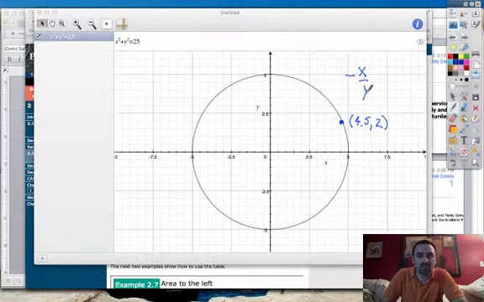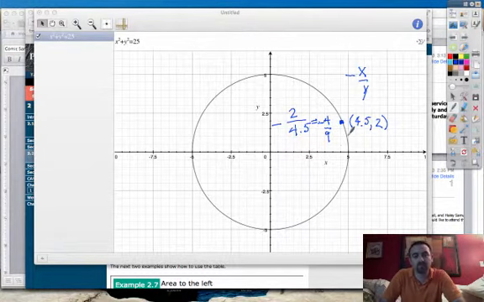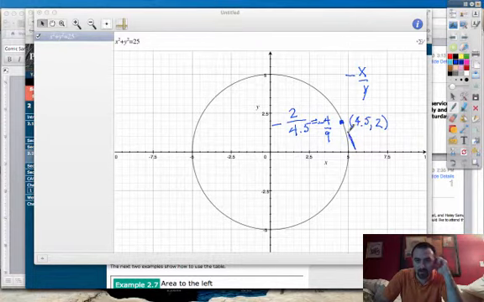That means the slope at this point, if I plug in x equals 2 and y equals 4.5, and I make that a negative, the slope of the line tangent to this circle is given by that, which is going to be negative 4/9. Okay, so it's fairly steep. There it is right there. Not too bad, right? Okay, so that's what that means.